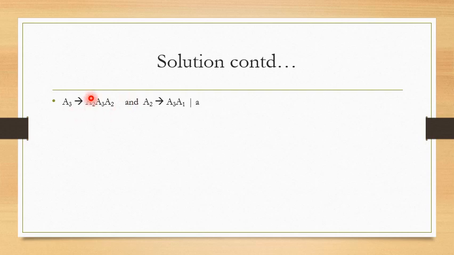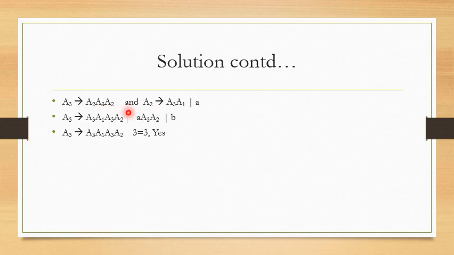And for this A2 alone, we substitute these two productions. So A3 will have two productions after substitution and its own production B. On the whole, after this step, we'll have three productions for A3. When I substitute for A2, I'll get A3, A1 and then A3, A2.